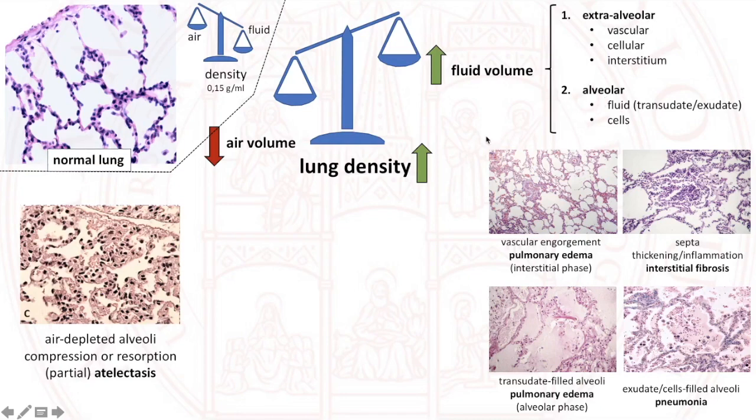That could happen for many different reasons. For example, pulmonary edema in the first phase would affect the septa, and then it would affect the alveoli as well, which would be filled with transudate fluid. In interstitial fibrosis, chronic fibrosis, we see a thickening of the septa, and in pneumonia, not only transudate but an exudate and cells would fill the alveoli.